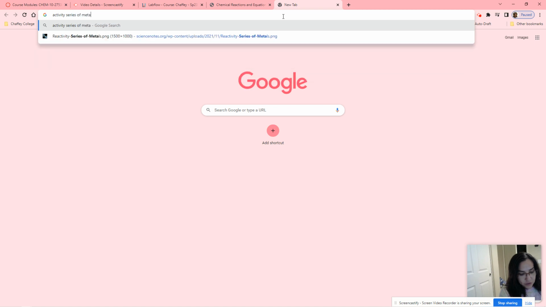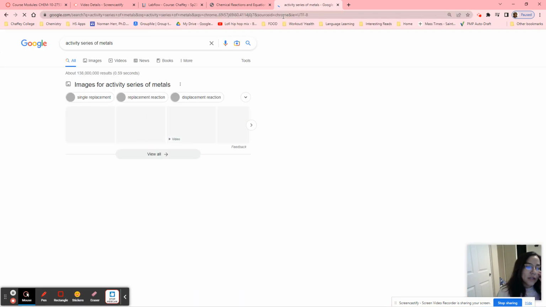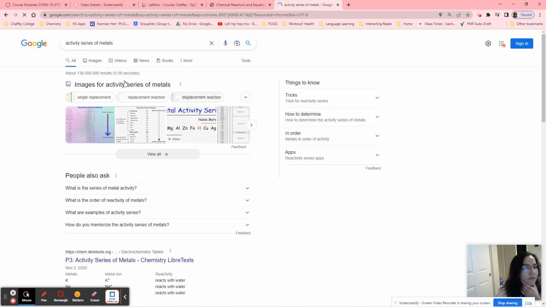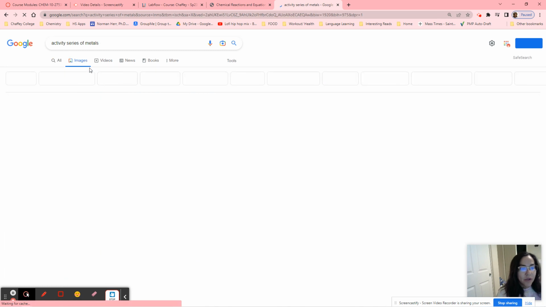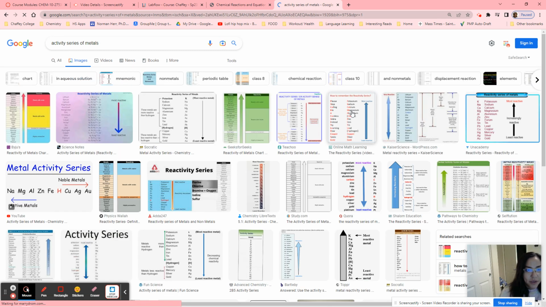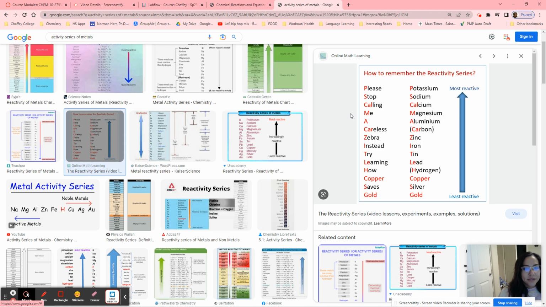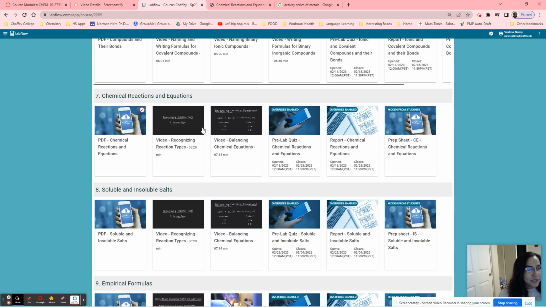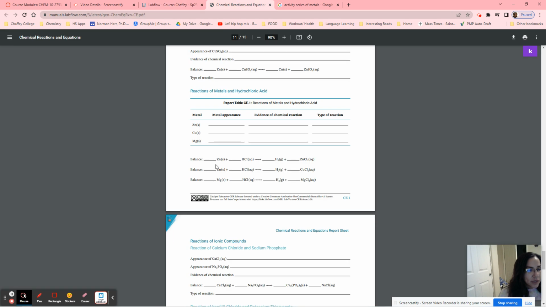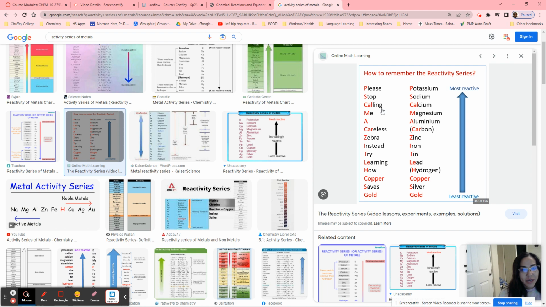Series of metals, and look at where it falls in place of that hydrogen. So the metal and hydrogen, which one is above it, right? So the one that we have here in our lab flow is, where is it? Zinc and hydrogen. So let's compare zinc and hydrogen. All right, so here's hydrogen and zinc is up here.